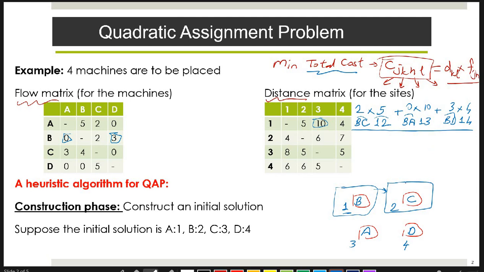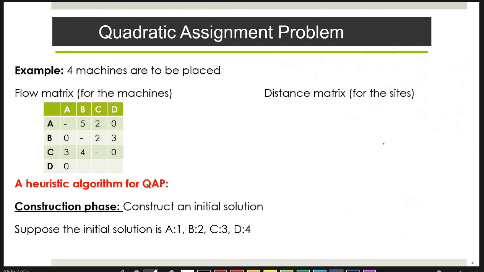And I need to continue adding up by considering machine C. So I need to consider the cost of C to B, C to A, and C to D. C to B: C is assigned to 2 and B is assigned to 1.